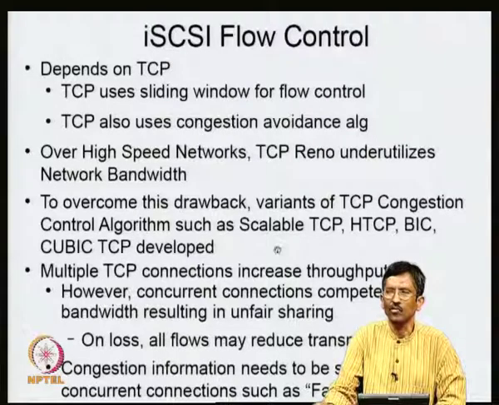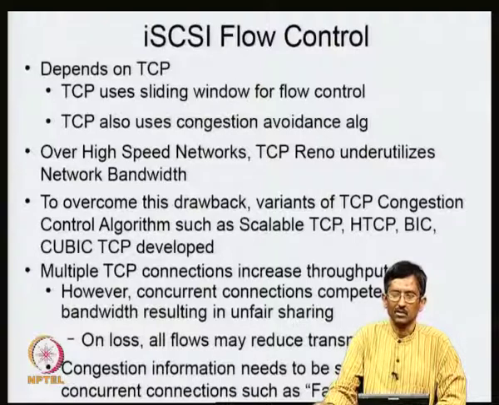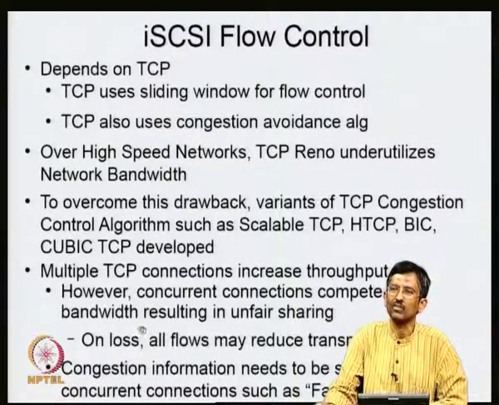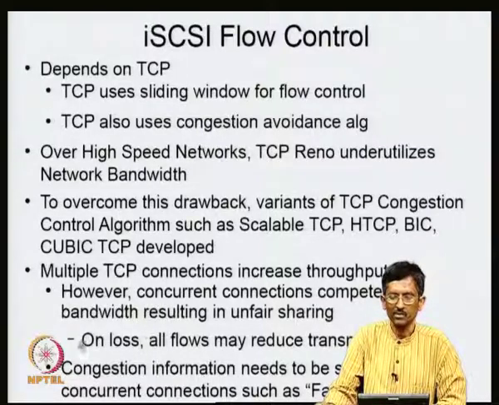So because of a loss on one, it will decrease the amount of stuff each flow is going to send out. Because each flow is now decreasing it, the cumulative amount being sent also decreases across all the flows. So suddenly you can see a dramatic drop in all the flows. So in a sense, it gets synchronized. All the losses get synchronized across all the flows, and therefore it can be somewhat problematic.